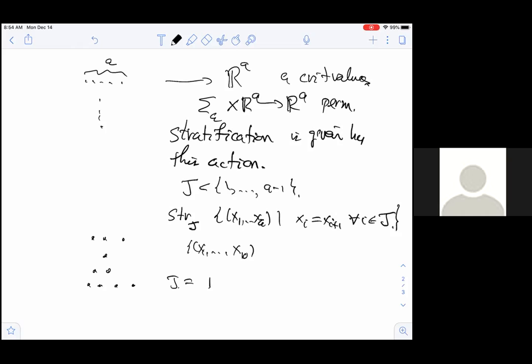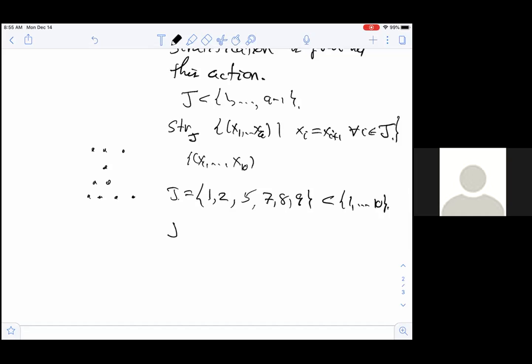So 1 is in J, 2 is in J, 3 is not in J because 3 and 4 have different critical values. 4 is not in J, 5 is in J, 6 is not in J, but 7, 8, and 9 are in J. So that's what J is. Okay. Just record: you order the critical points in a weakly descending way, and you just record which critical point has the same critical value as its successor.